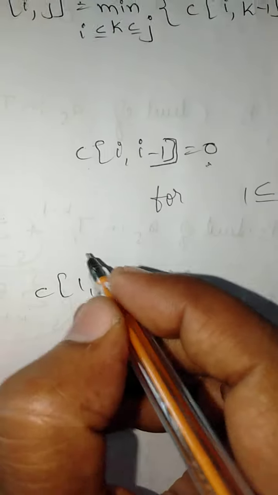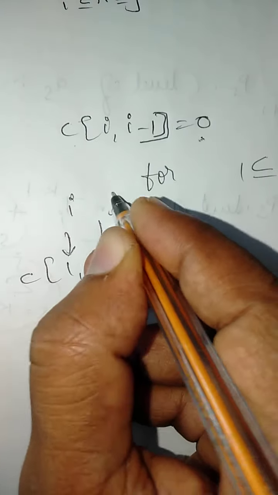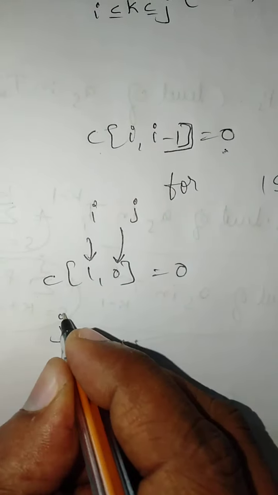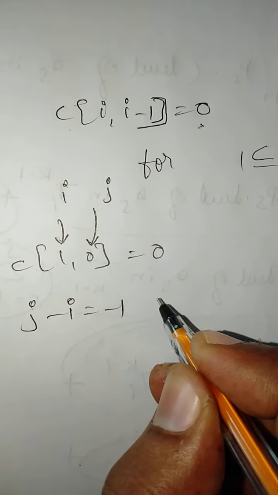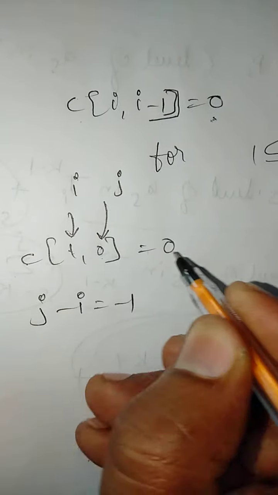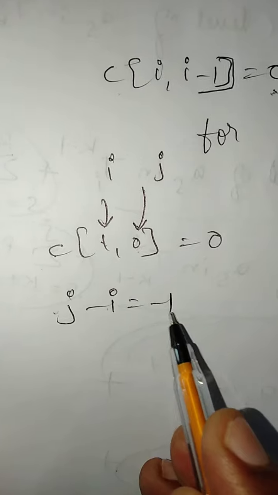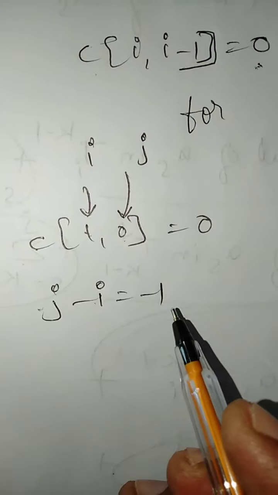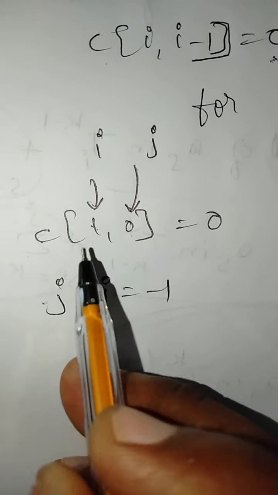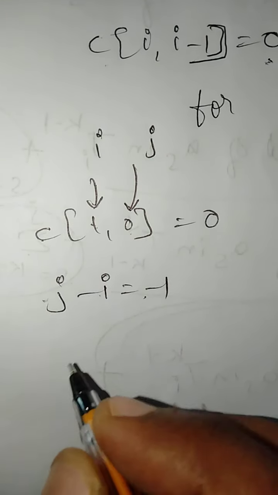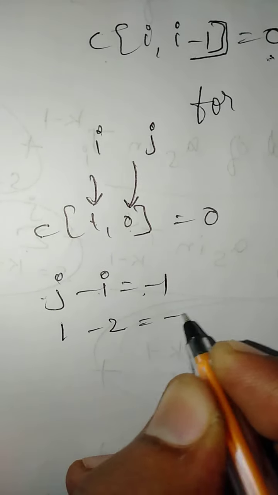In this case, this indicates the i value and this indicates the j value, and if you take j minus i, it is minus 1, correct? So C of 1 comma 0 is 0. Similarly, whichever yields j minus i as minus 1, those values we have to fill up first. Which other combinations of i, j yield minus 1? 1 minus 2 is equal to minus 1.